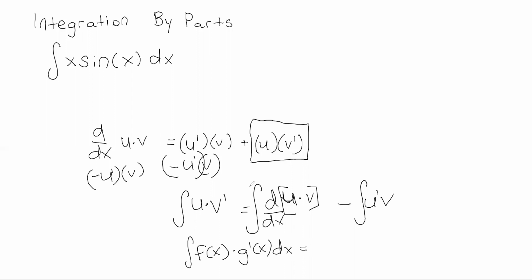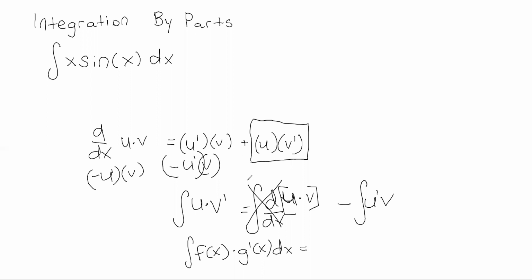And then take a look at this term right after the equal sign. We have the integral of the derivative, and it is the fundamental theorem of calculus that tells us that derivatives and integrals are inverses of one another. An integral and a derivative cancel each other out, in the same way that division and multiplication cancel each other out, or addition and subtraction do.